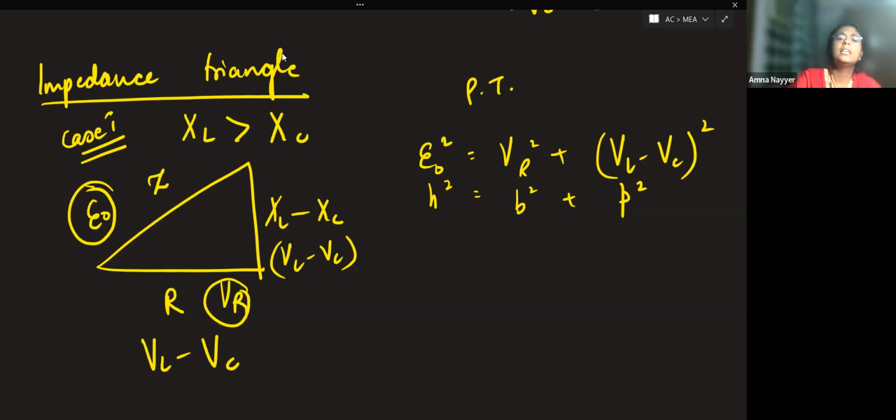Now, let's write it in terms of impedance. E naught will be I naught multiplied by the impedance, I naught into Z, but let's write it as E naught only for now. In the last, we'll replace it.